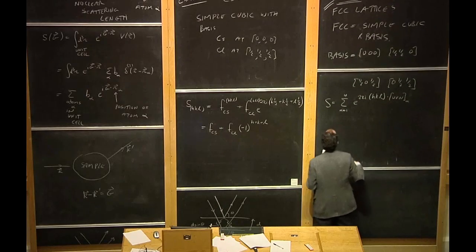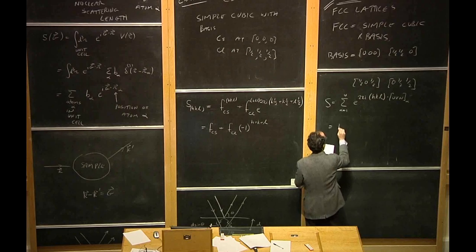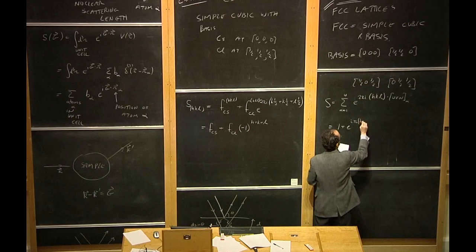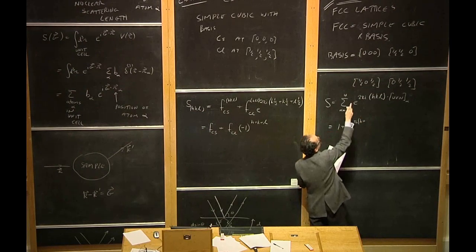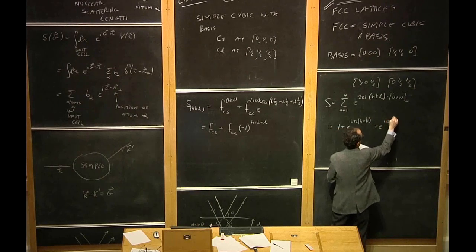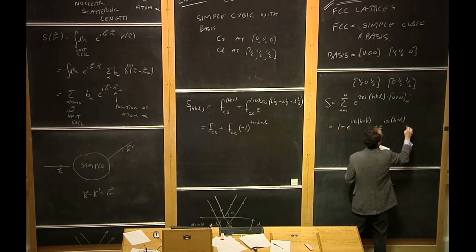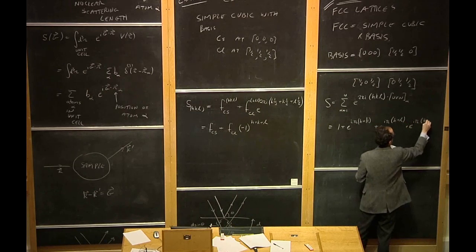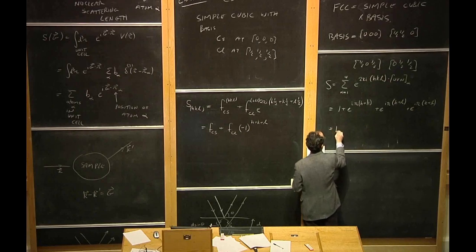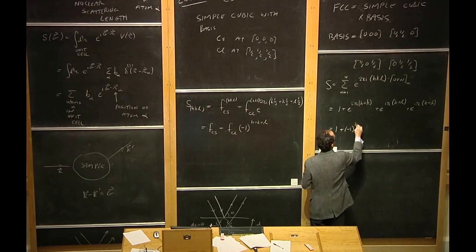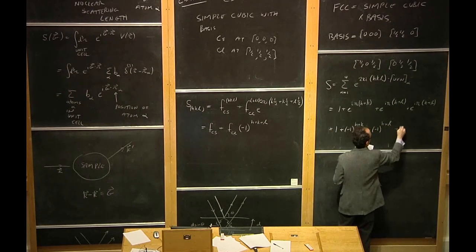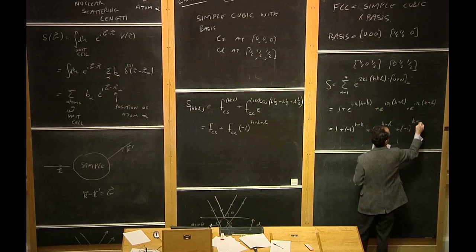which we can then write as 1 plus e to the i pi (h plus k), so 1 is from (0, 0, 0), then we'll have e to the i pi (h plus l) plus e to the i pi (k plus l), which is then equal to 1 plus (minus 1) to the h plus k plus (minus 1) to the h plus l plus (minus 1) to the k plus l.